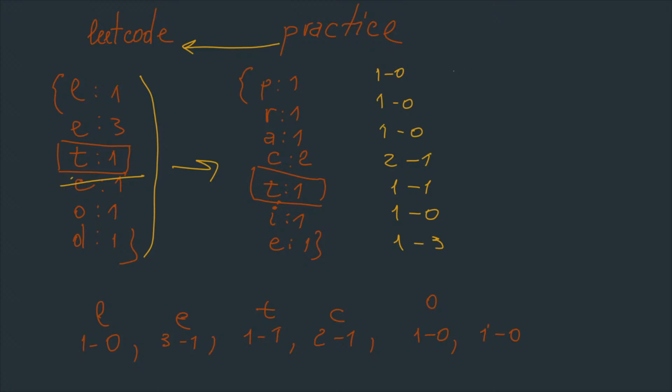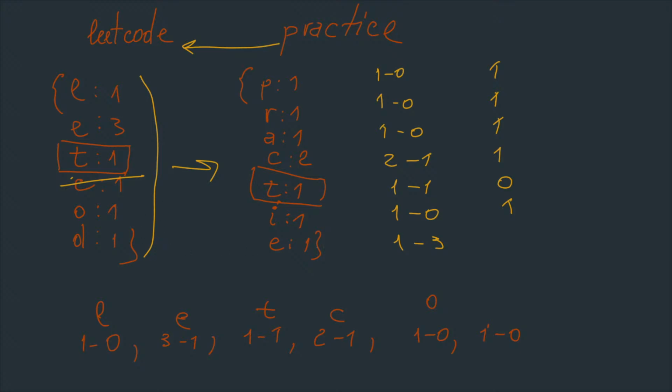So this means we need 1, 1, 1, 1 again, 0, 1, and this we have too many, so we don't care about them.